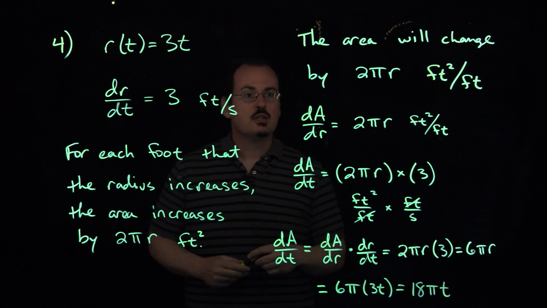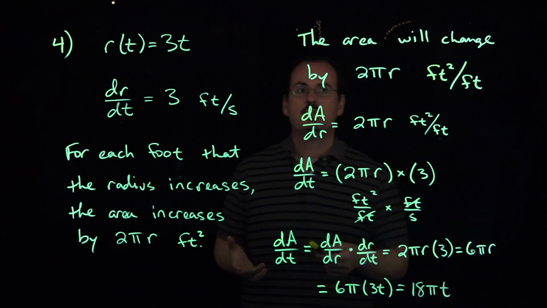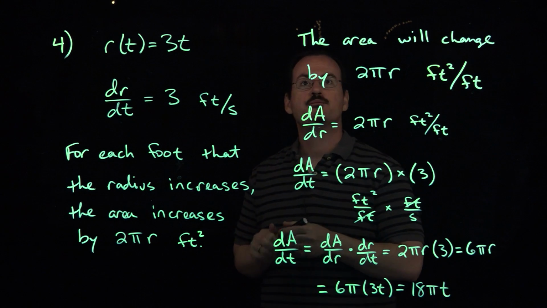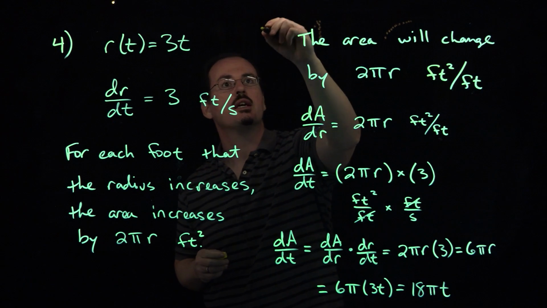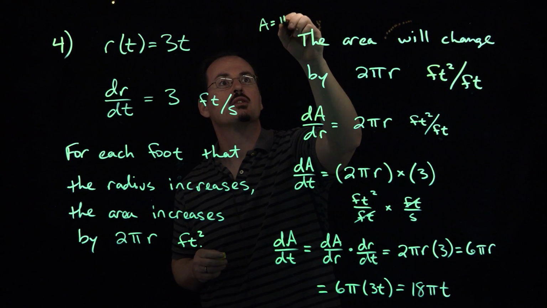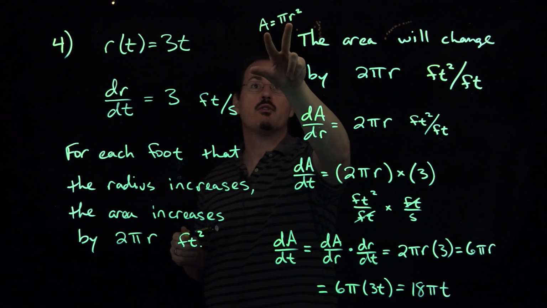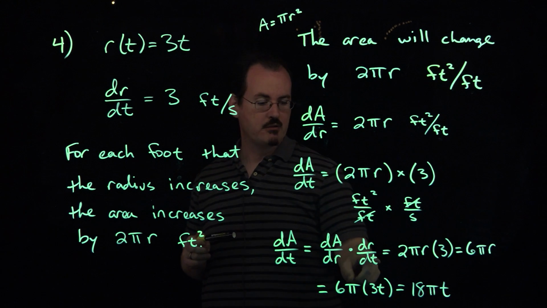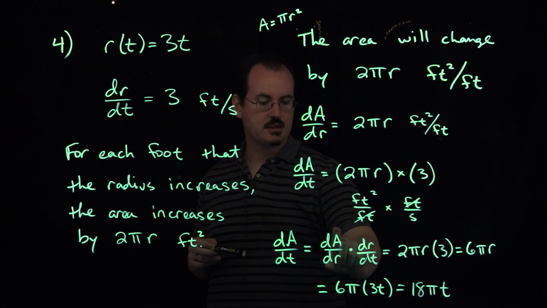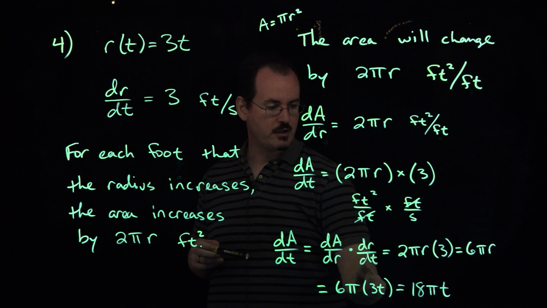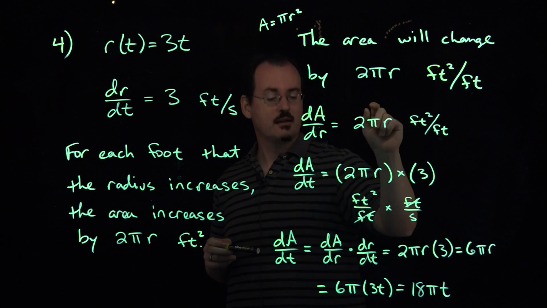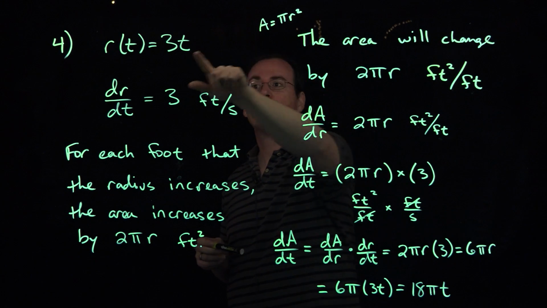So again, I had two functions here. I had an area function, I guess you can say, remember the area was pi r squared. And really what I did was I took the derivative of that, A equals pi r squared. That was where the 2 pi r came from. So that's this dA dr. That's the 2 pi r. And then the r was itself a function of time.